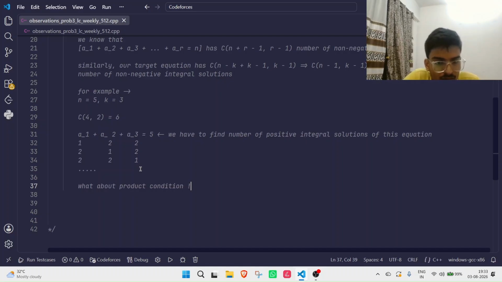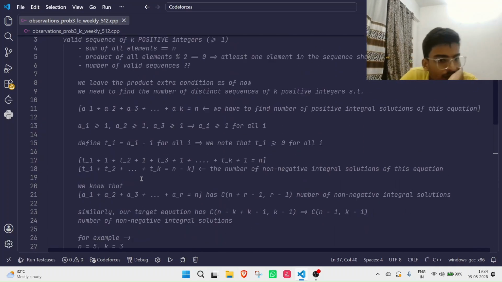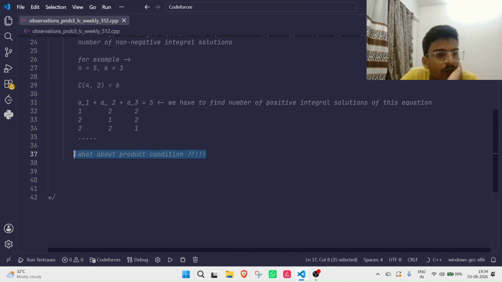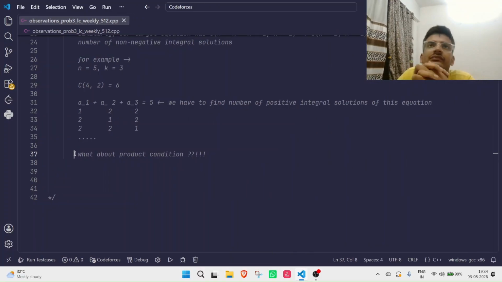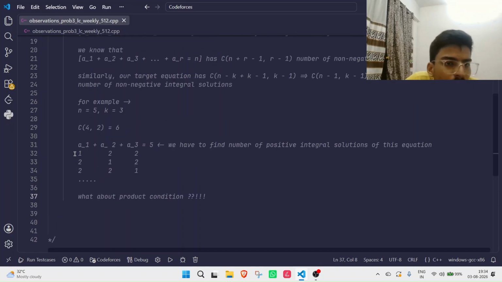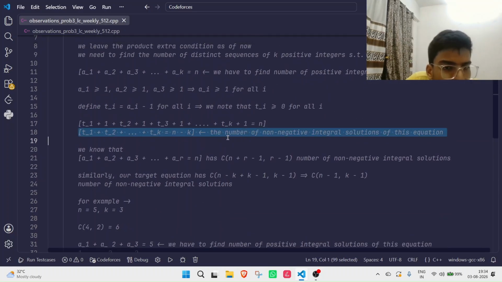We had basically the product condition of the even requirement. How can we enforce that? Once we enforce that, the problem would be solved. For the product, we want that at least one should be even, right? At least one should be even. We modify this with the condition that all are greater than or equal to 0, but at least one should be even.